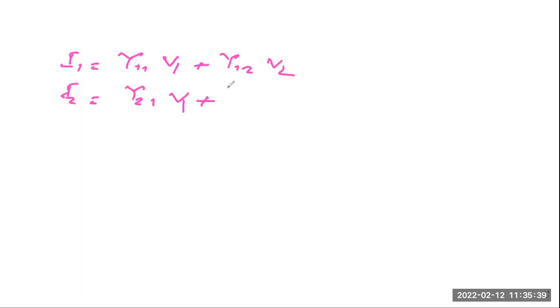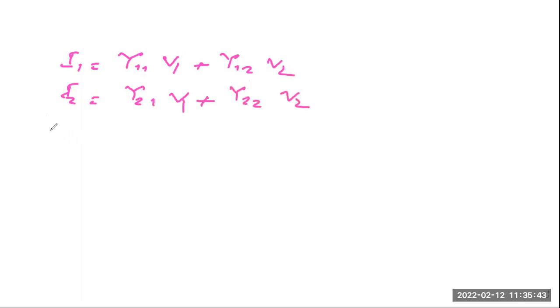The basic equation for this Y parameter is I1 equal to Y11 V1 plus Y12 V2, and I2 equal to Y21 V1 plus Y22 V2.